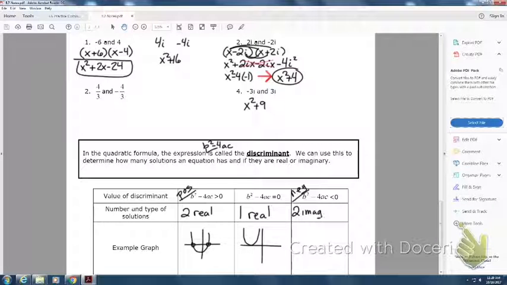Imaginary. Now I want you to put imaginary / complex. And so what would that parabola look like? It could be upside down. It just doesn't cross the x-axis. So it's something like that.